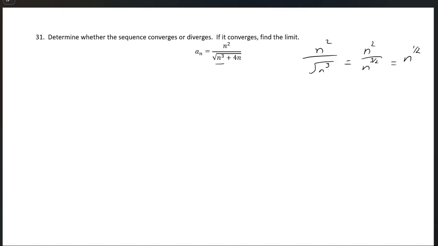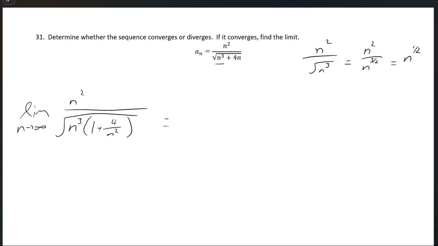Now let's show it the long way. Limit n goes to infinity. We use the exact same technique. Let's factor an n cubed inside the radical. So 1 plus 4 over n squared. Okay, now limit n goes to infinity of n squared over square root of n cubed, square root of 1 plus 4 over n squared. This is by properties of radicals.